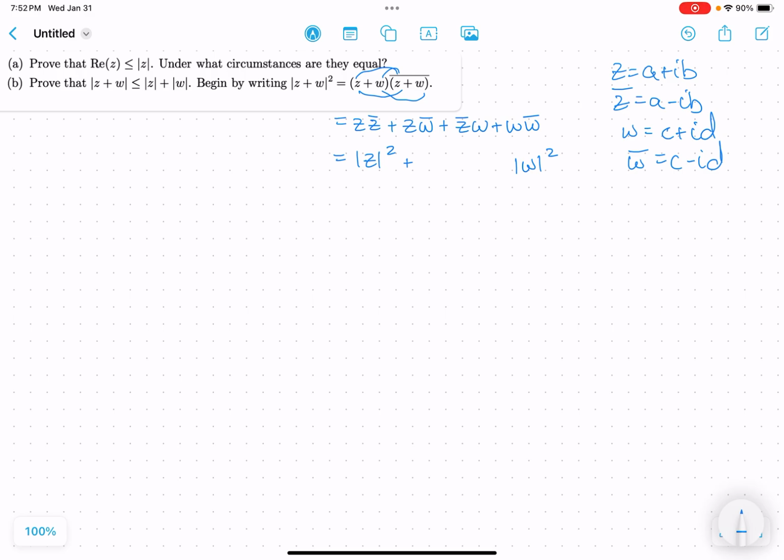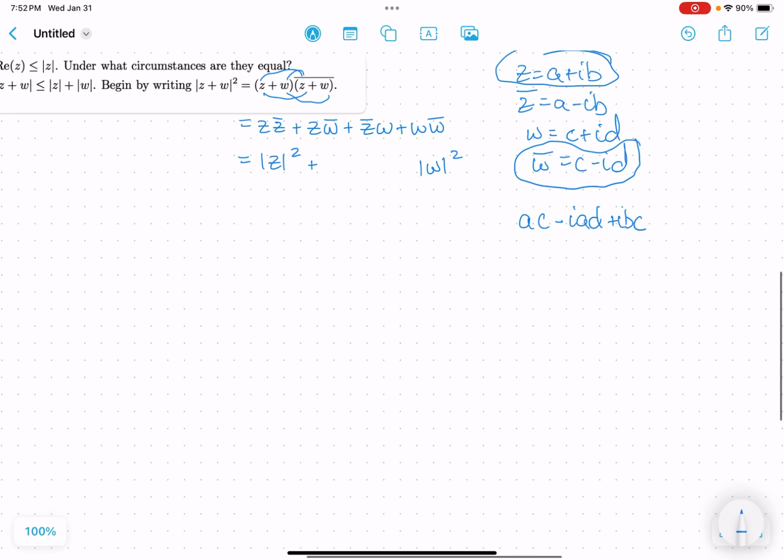So if I multiplied z by the conjugate of w, I'm going to have ac minus iad, that's multiplying by the a's, and then the ibc. And then negative times positive is a negative, but i times i is a negative, so that's going to be positive bd. So if I multiply those, I get that.